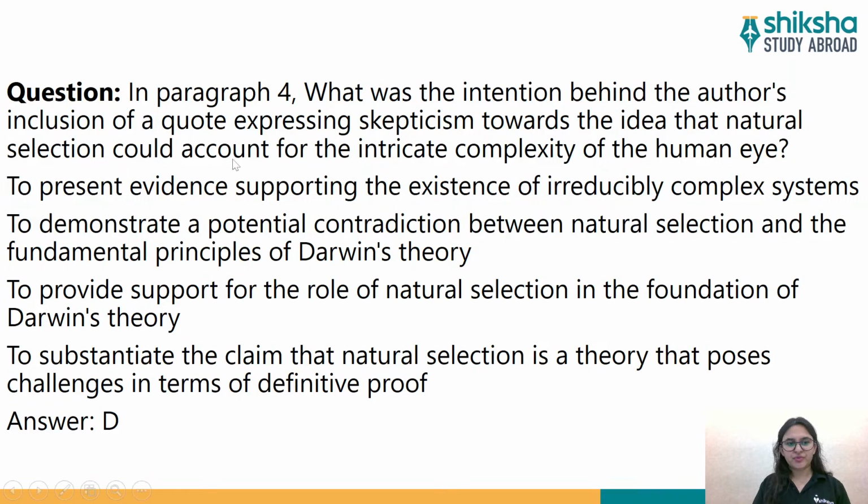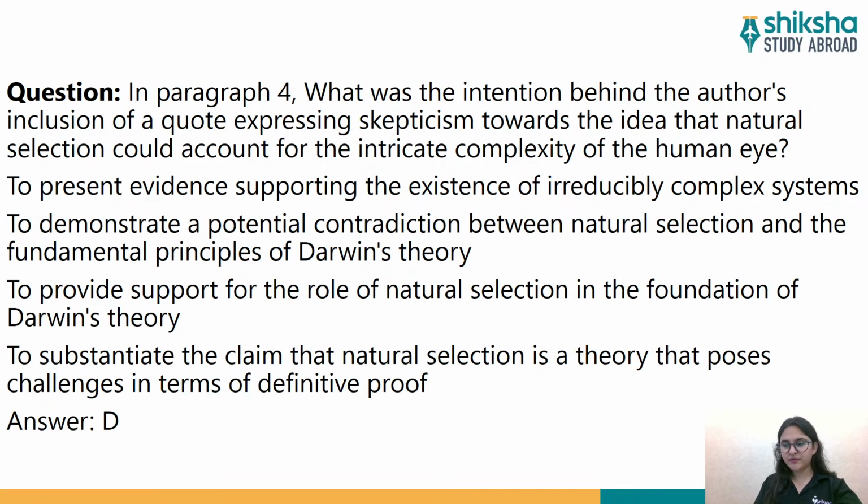Okay, so the first is to present evidence supporting the existence of irreducibly complex systems. Then second is to demonstrate, third is to provide support, and fourth is to substantiate the claim. So the answer is D. Of course, you can come back later on to this question.